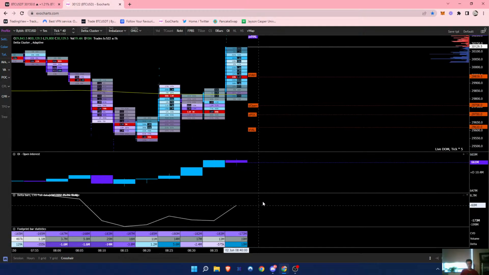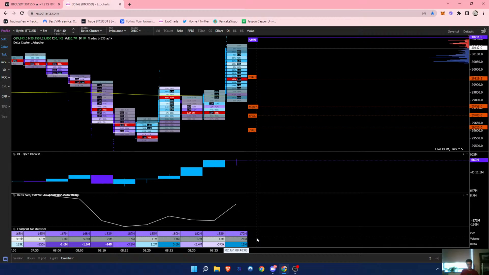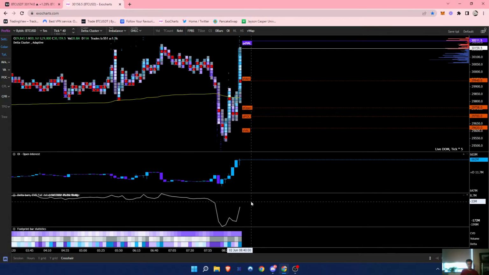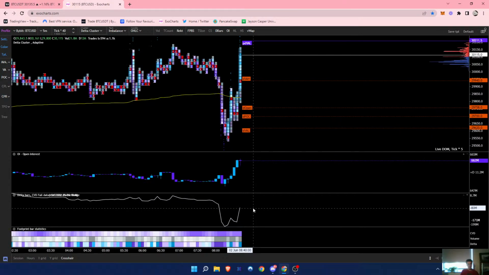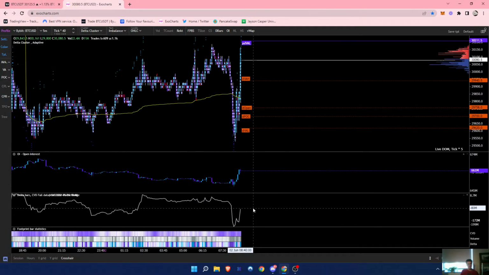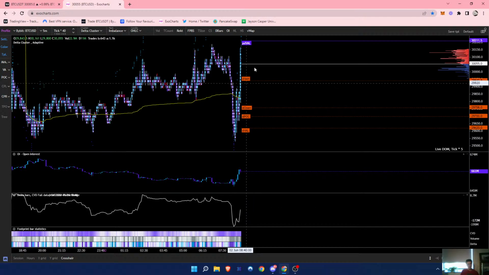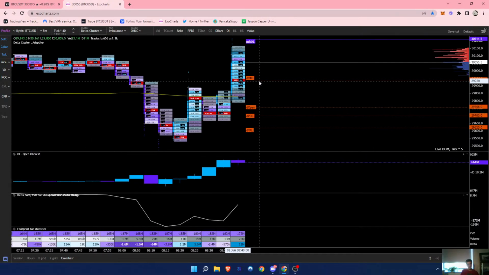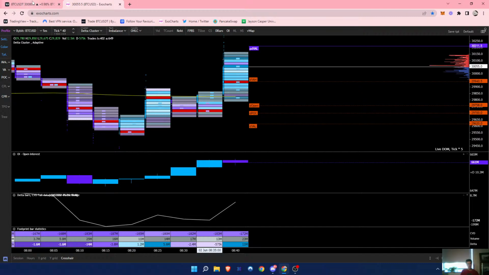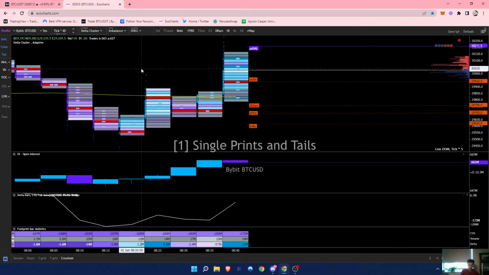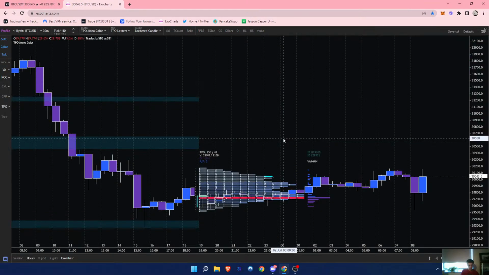CVD bars. Again, not really any absorption going on. Or the previous day value area low. But we'll see. An 80% setup is going on.